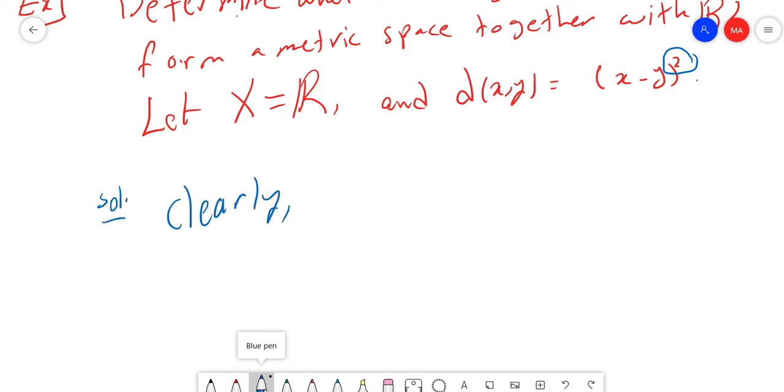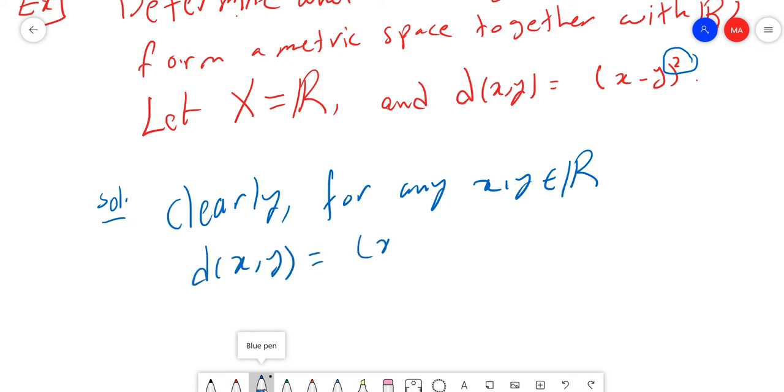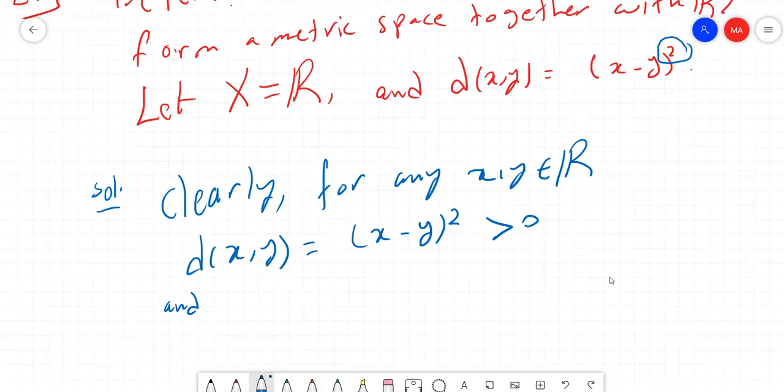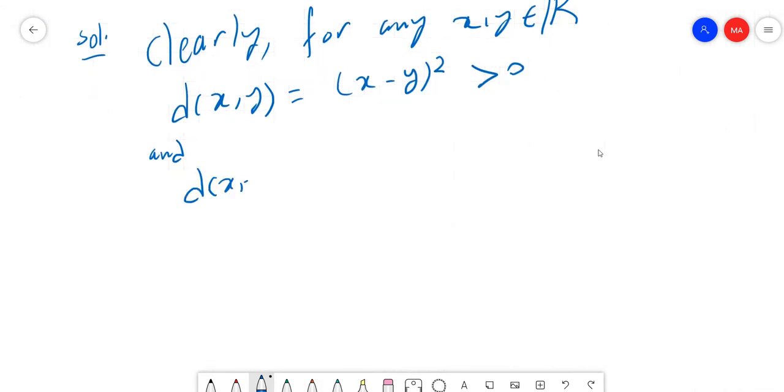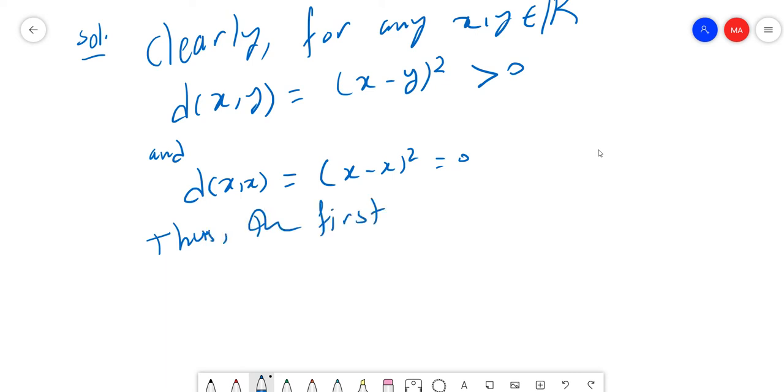Clearly, for any x and y in R, the distance between x and y, which is x minus y squared, is greater than or equal to 0, and the distance between x and itself is equal to 0, so that the first condition holds.